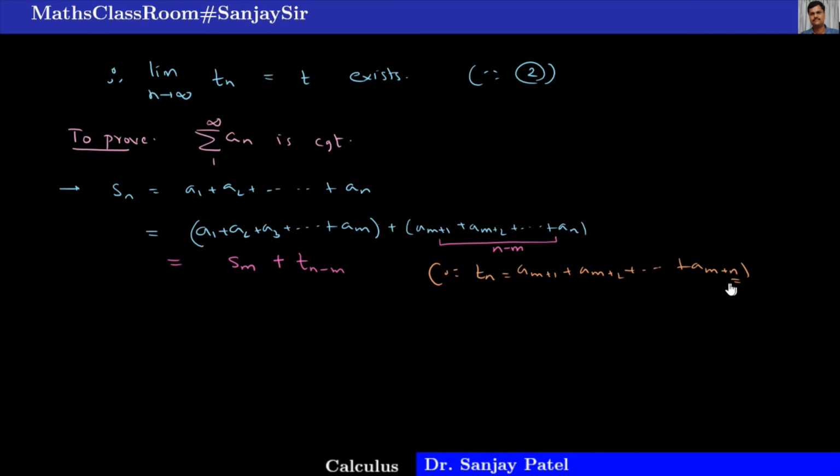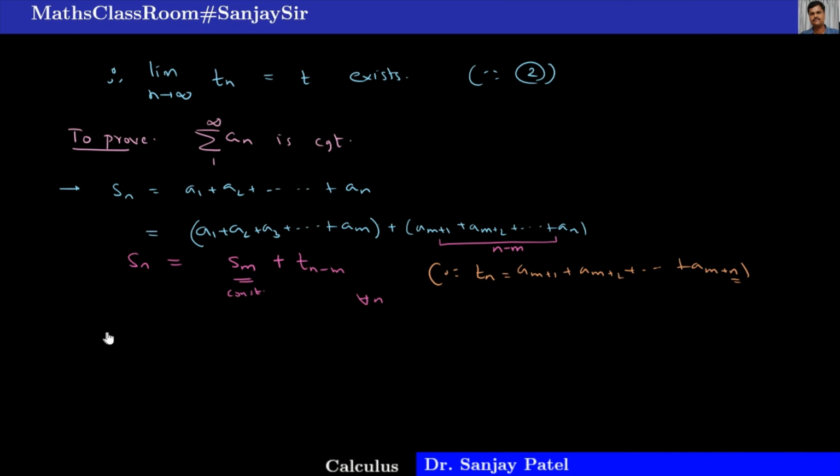So putting n equal to n minus m. Okay, so we have proved that this Sn is given by this constant, plus Tn minus m, which depends on n for every n.